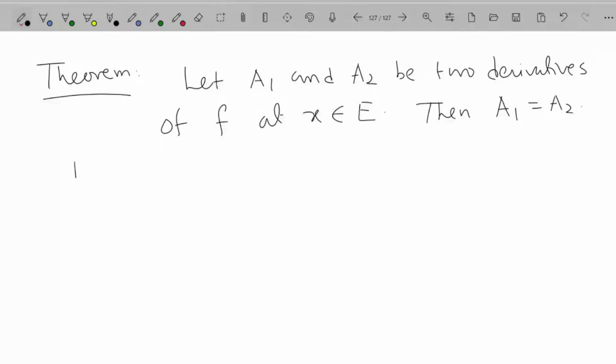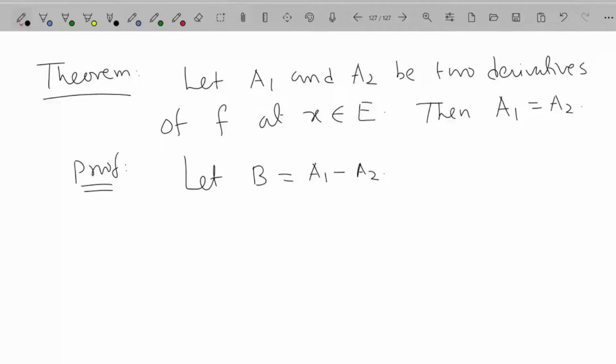So the proof is this. Let B equal A1 minus A2. Obviously it's well defined because Rm is a metric space, or actually a vector space. So B is A1 minus A2.